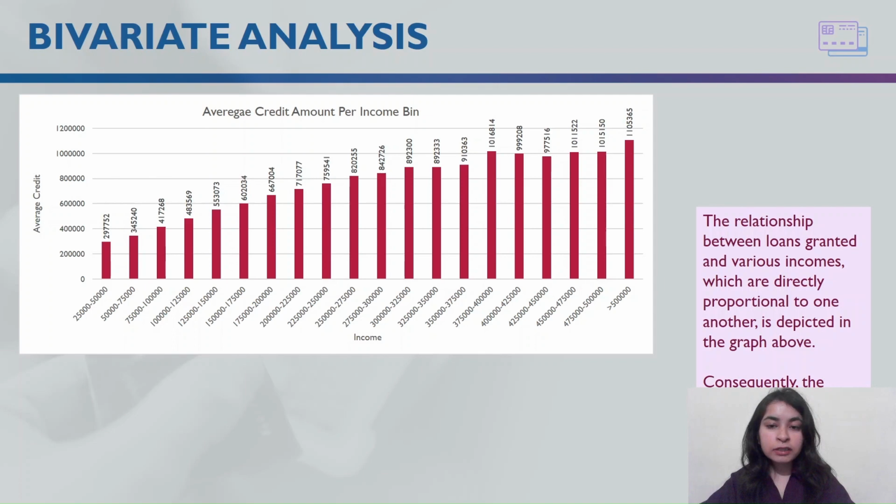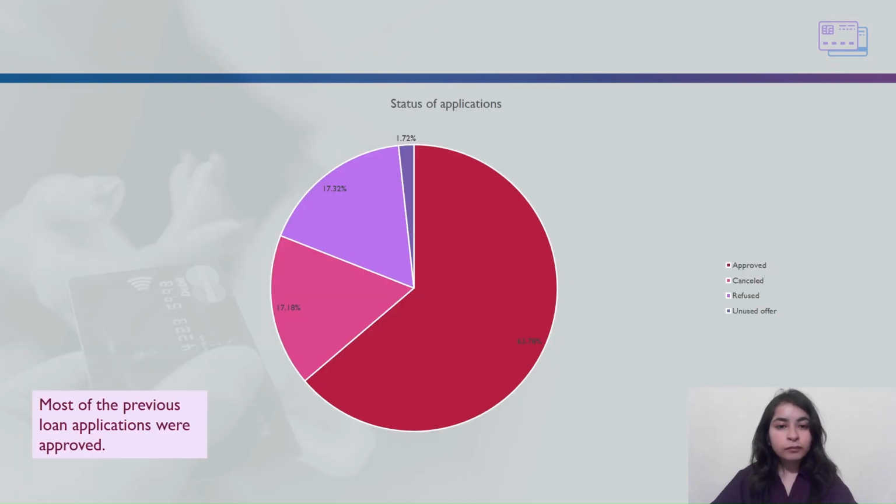This graph depicts that the higher the income level, the higher the average credit, which is quite good because as the income level increases, the bank only gives you credit as per your income. So this is quite a reasonable chart.